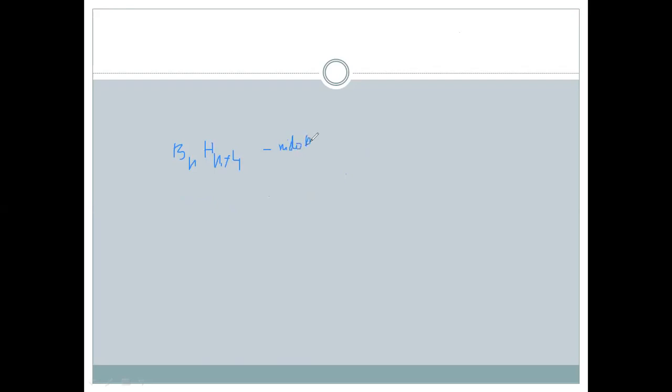And BnHn+6, this is arachnoboranes. Note it properly.